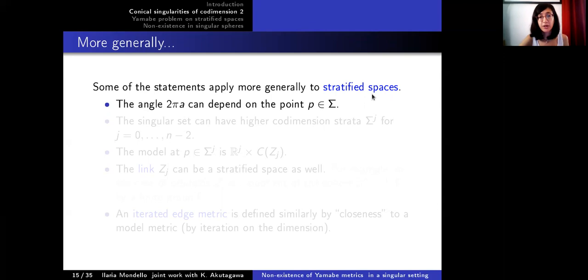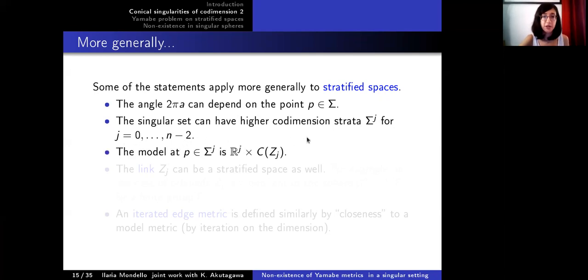In our case it will be, but you can consider something more general. Moreover, stratified spaces are called like that because the singular set sigma has different strata, meaning different components of possibly higher codimension than 2. So the singular set is in general composed of pieces sigma_j of dimension between 0 and n minus 2. When you consider a point in the stratum of dimension j, then a tubular neighborhood of it will be of the form of some ball in R^j and a cone over some metric space Z_j.